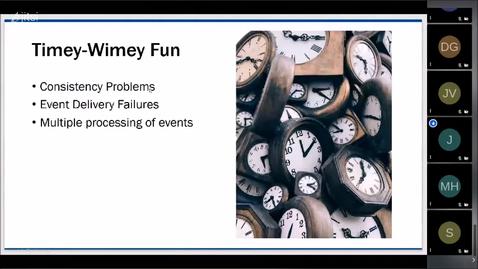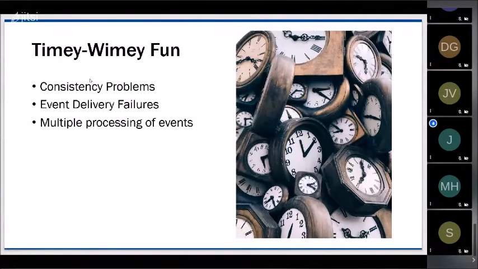Specifically, the first one is consistency. Let's say that you have an update. That update gets dropped onto a queue to process, and then that information gets updated at some point in the future. Normally, if you're building an application, you're going to make that same update, go to the database, update the record, pull that record back out, and send it back up the chain to refresh the UI.